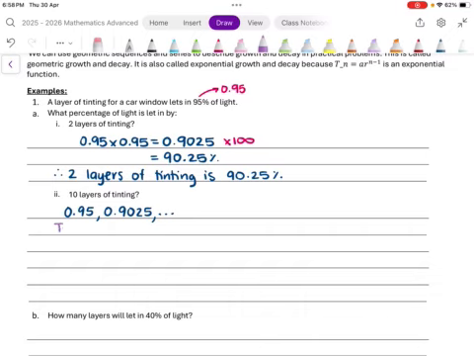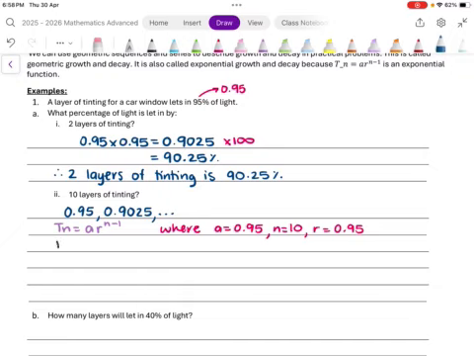So we'll have Tn equals a r to the power of n minus 1. This is where our a is equal to 0.95, our n is equal to 10, and our ratio is equal to that 0.95, because we're multiplying by that 0.95 each time that we add a layer of tint.